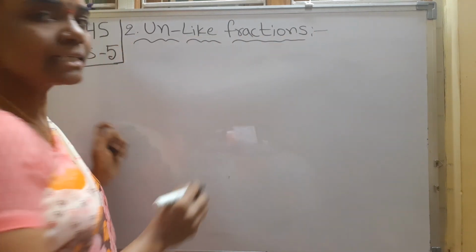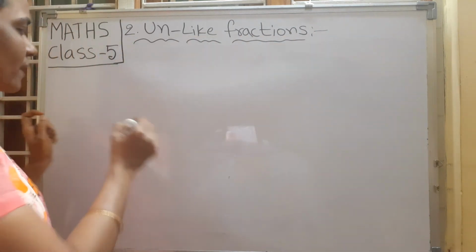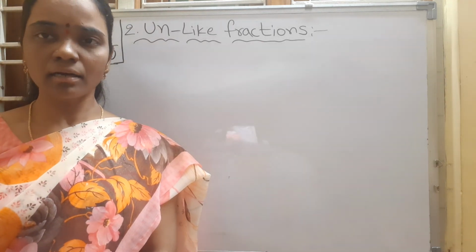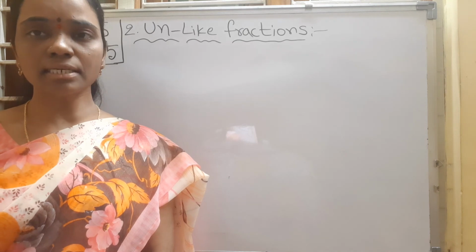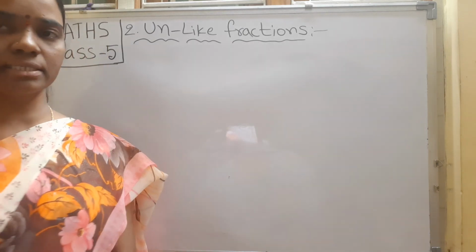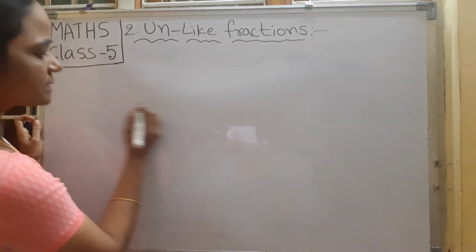So what are unlike fractions? Yes, look at the board, children. Unlike fractions means opposite to the like fractions, means the fractions with different denominators are called unlike fractions. So take some examples here.